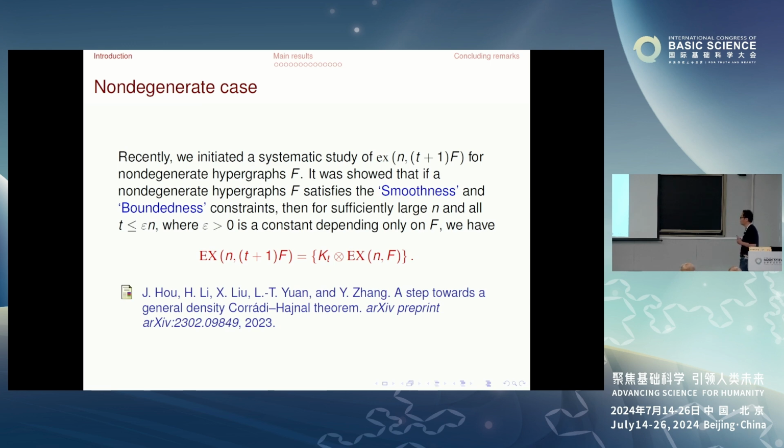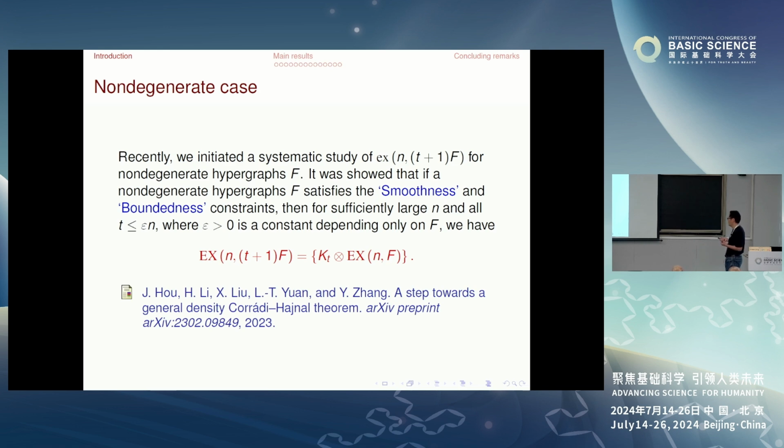Recently, for non-degenerate graph F, we have studied this problem asymptotically. In our paper, we show that if the non-degenerate graph F satisfies some properties, we mean the smallness and the boundedness, then for any t at most epsilon n, where epsilon is a constant depending only on F, we always have its extremal graph.